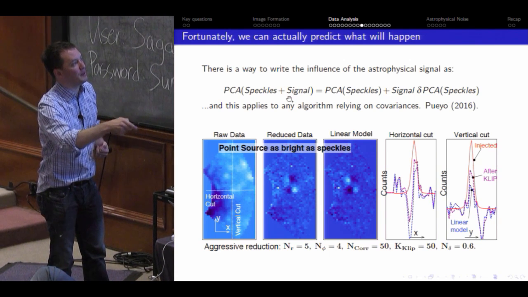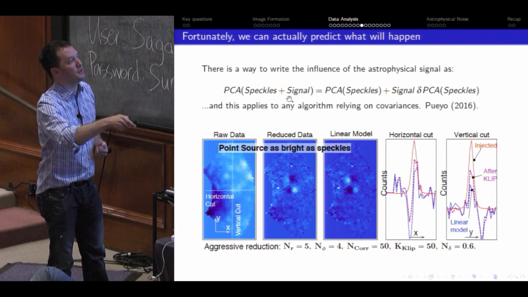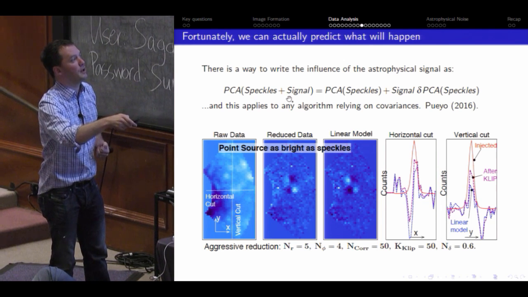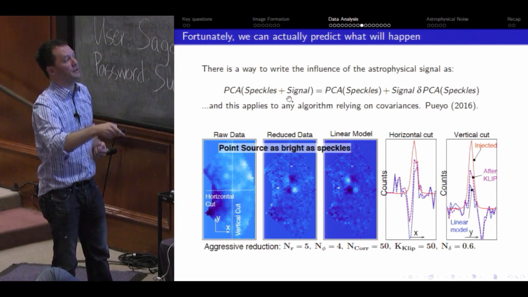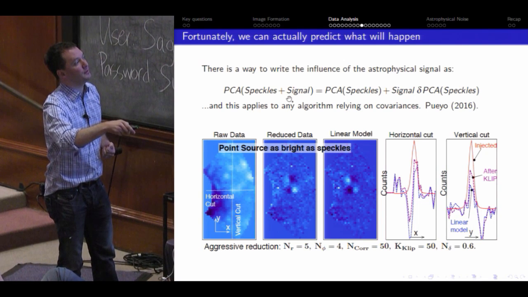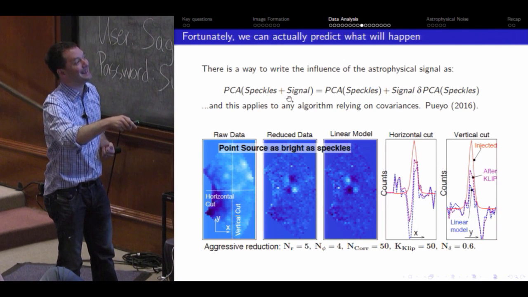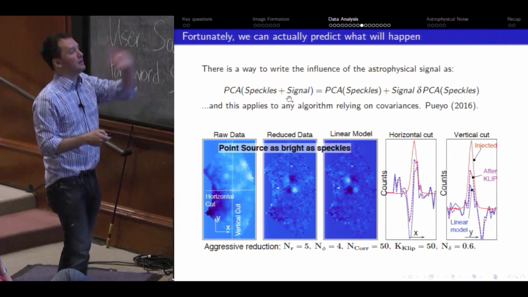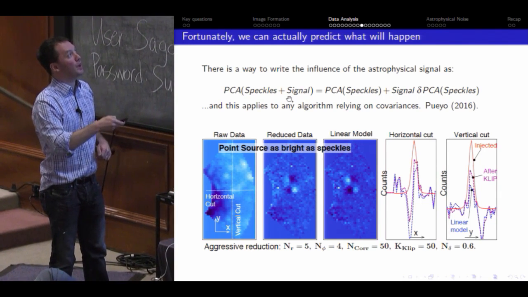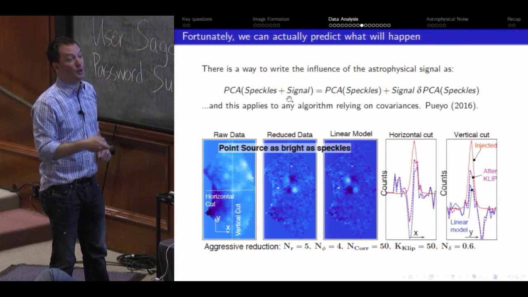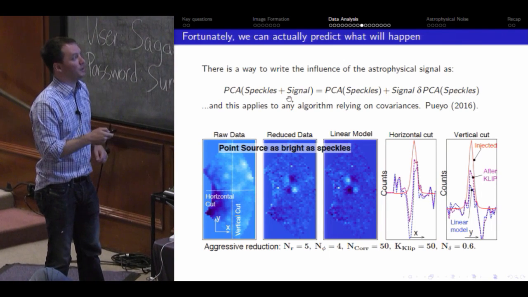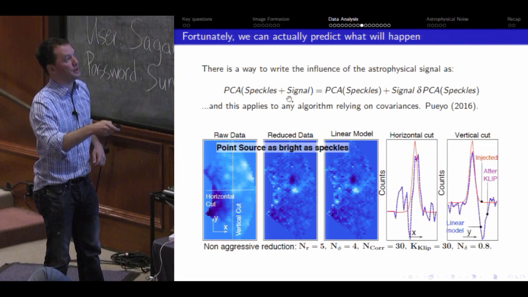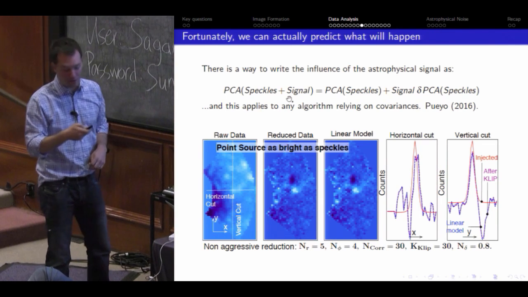Clearly, the image of the planet after data analysis doesn't look anything like what I've injected. And you see that my model doesn't follow exactly what the algorithm does. This is because the planet is a little too bright, so the signal is a little too bright here, and the linear approximation doesn't really hold. I turn the knobs, and sure enough, they fit exactly on top of each other.